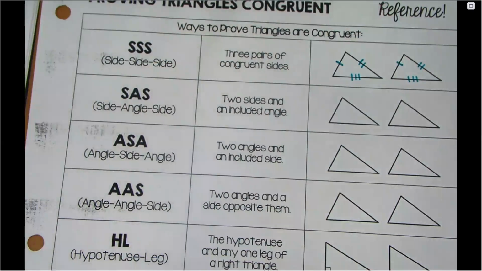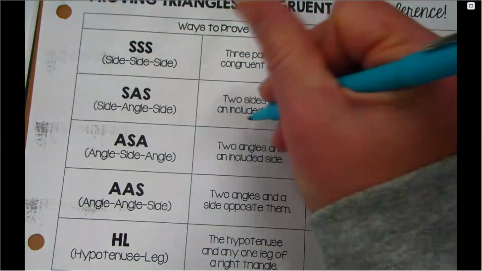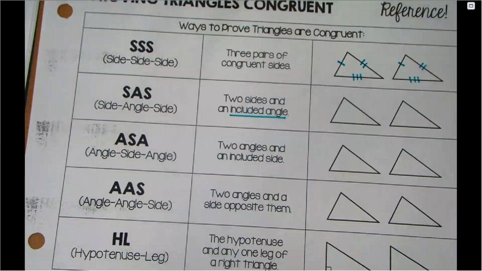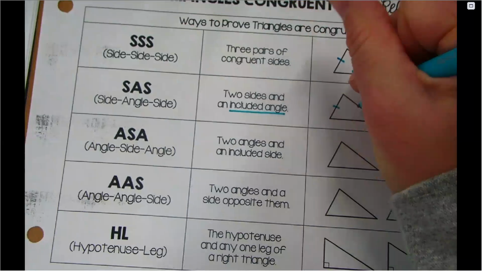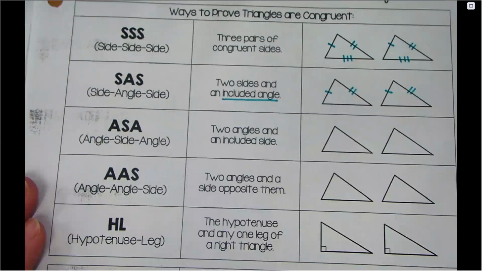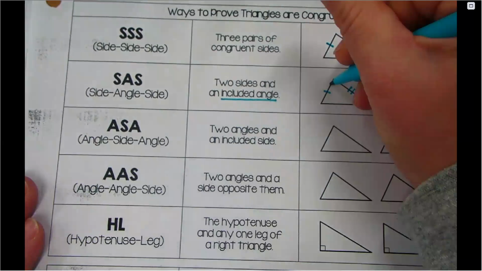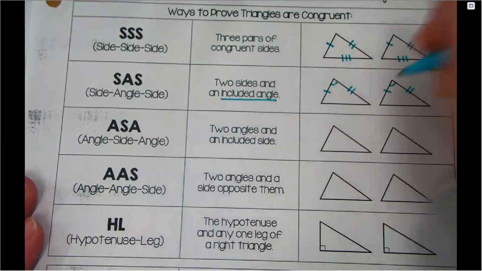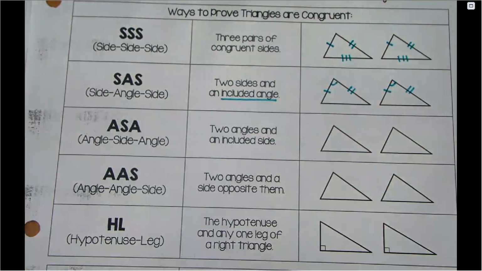Side angle side, the angle is the included angle, our included angle. So we could know this side and this side, this side and this side. Where would the included angle be? Up top. Okay, so it would still be up top.